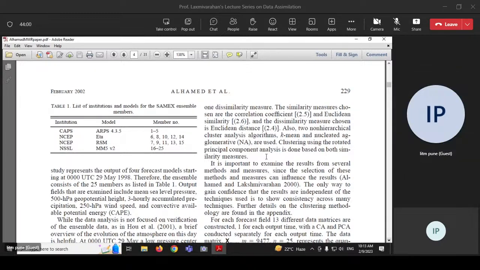Because I want to be able to understand, quantify the forecast covariance. That's one of the fundamental questions. So, what's the idea? I want to be able to realistically estimate the forecast covariance.